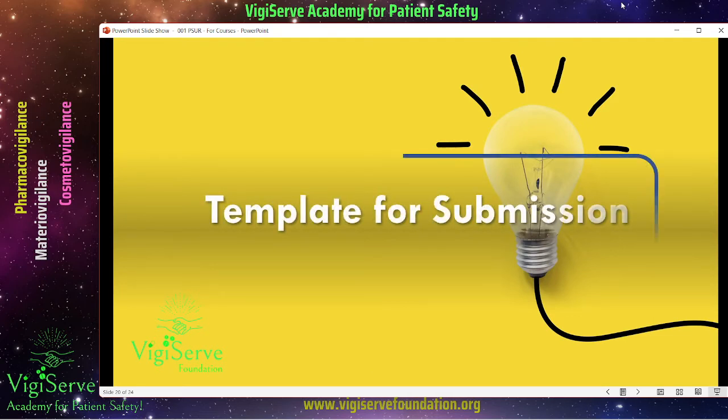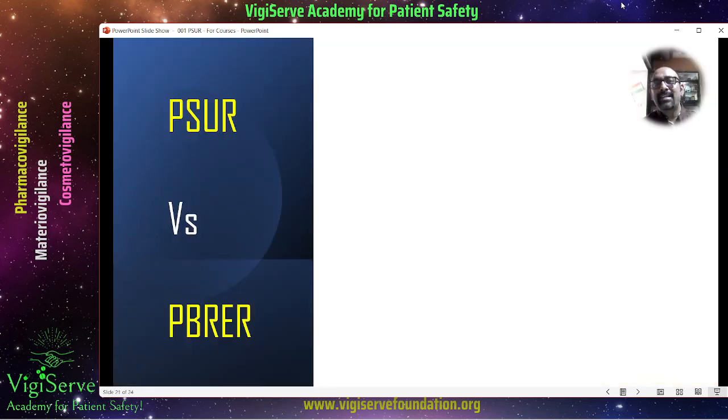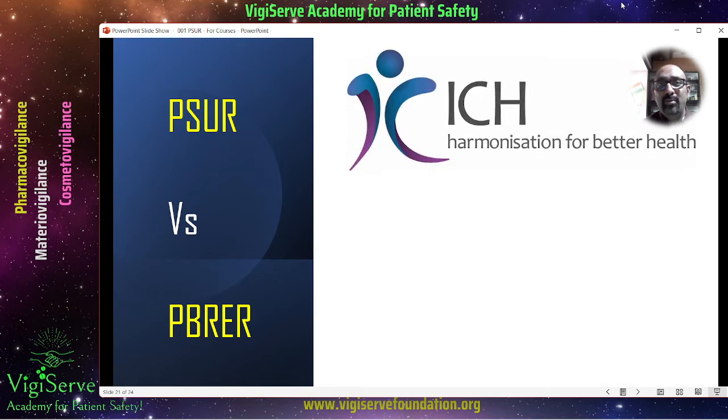Then how about the template for submission? Now you might wonder that every company would consider their own templates, right? This is something which is of no use. If every company does it differently, then the agency will again get confused, and every company will have different content in their aggregate safety reports, and that is why the concept of harmonization came into the picture.